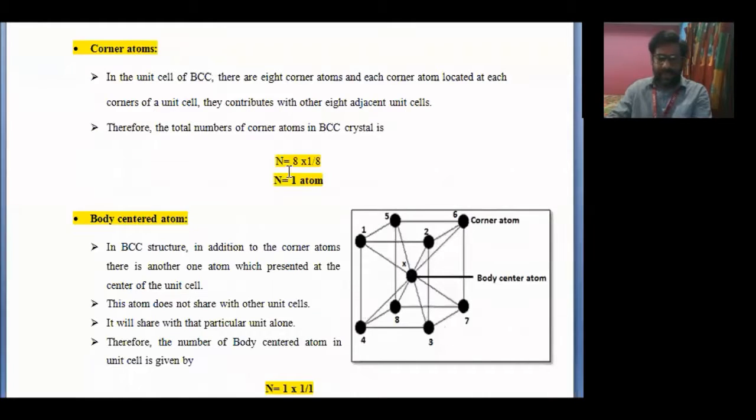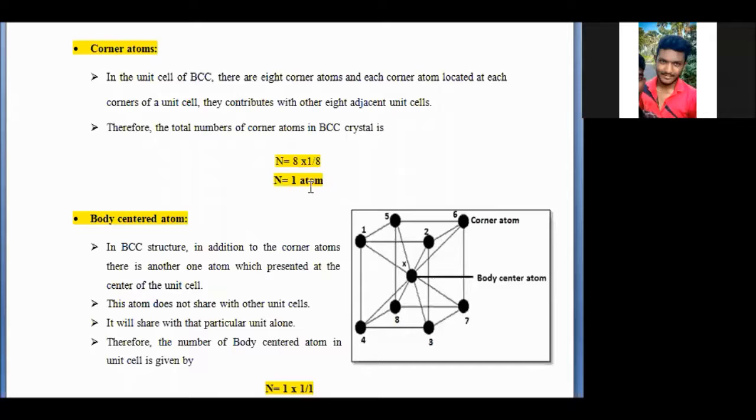So we can write for the corner atom in the BCC structure, n is equal to 8 into 1 by 8. 8 is the total number of atoms in the unit cell, and 1 by 8 is the contribution, how it is shared with the other unit cells. So 1 by 8 is the contribution, therefore n is equal to 1 atom.